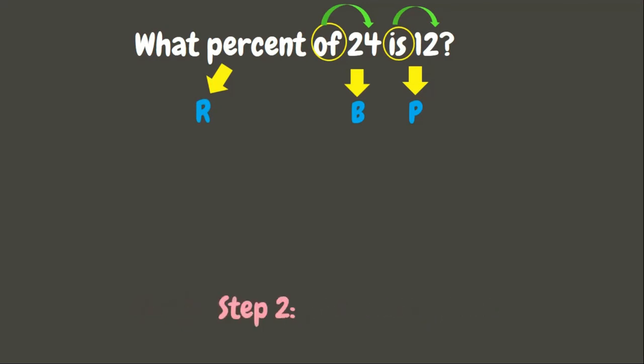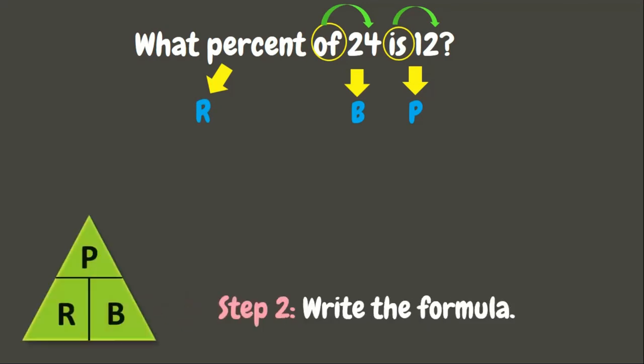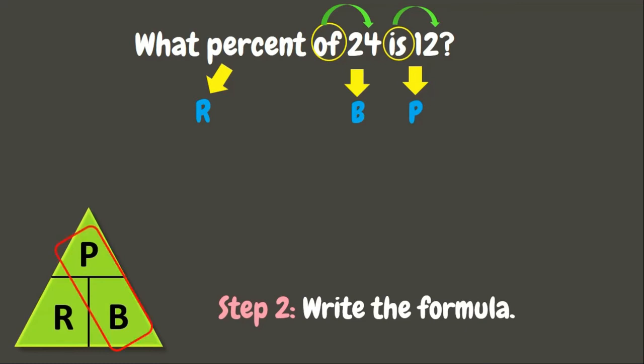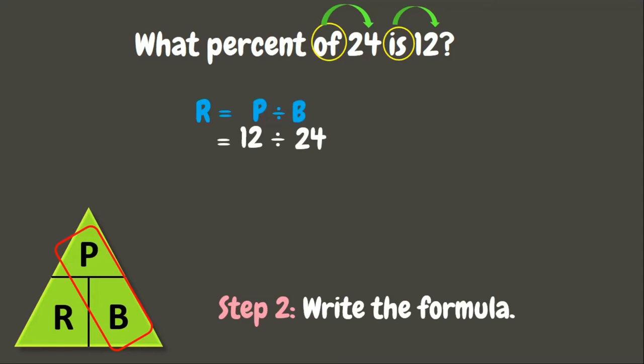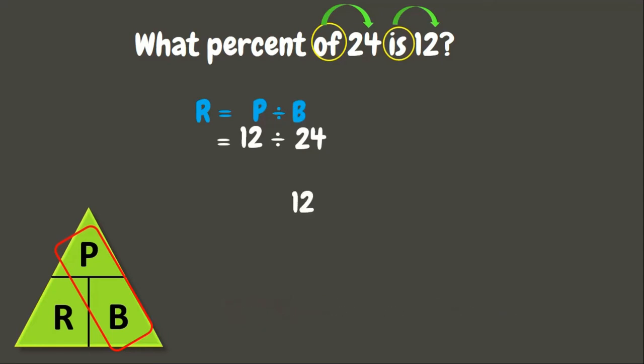Now let's write the formula. R equals P over B, or P divided by B. That means to get the rate, we need to divide 12 by 24. Now let's divide. 12 divided by 24.